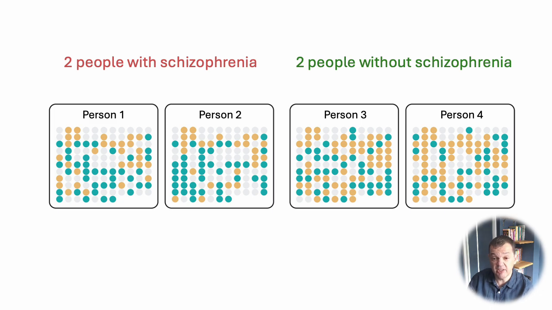And what you see here on this screen, where there are about 100 individual changes, is that if you look at each one of those individuals, it's very difficult to separate them out from each other. So person 1 and person 2 who have schizophrenia, you can see that the blue circles here represent changes that occur more often in people with schizophrenia, and you can see that those bluey-green changes are more common in people with schizophrenia.